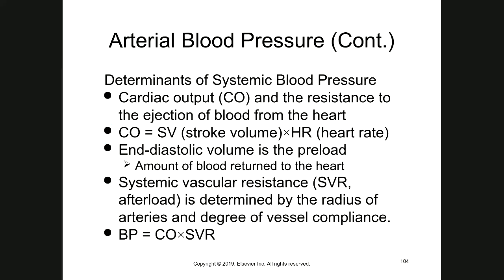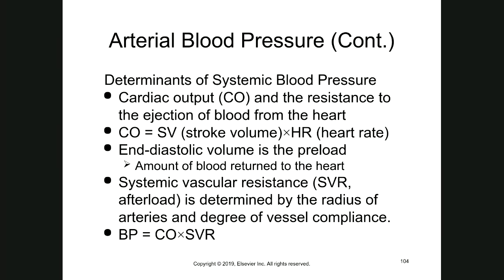In arterial blood pressure, I am jumping again. For some reason, in the question that I did this week, many people still have some problem with the determinants of systemic blood pressure. Remember that we need to understand what blood pressure is: cardiac output multiplied by systemic vascular resistance.